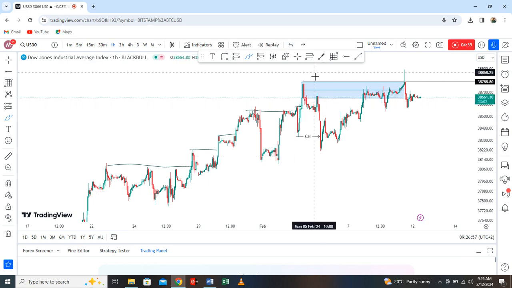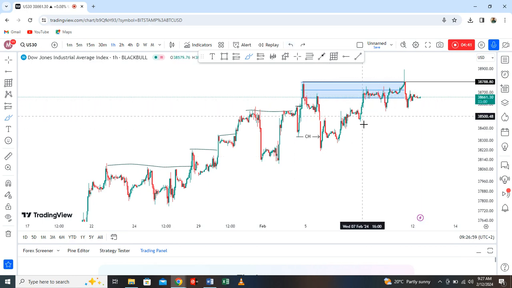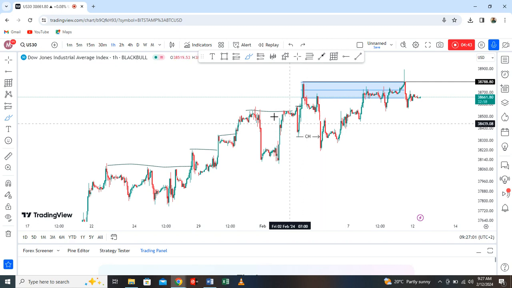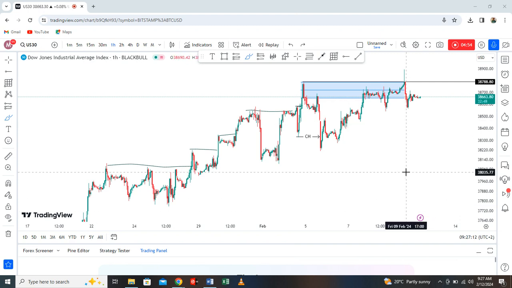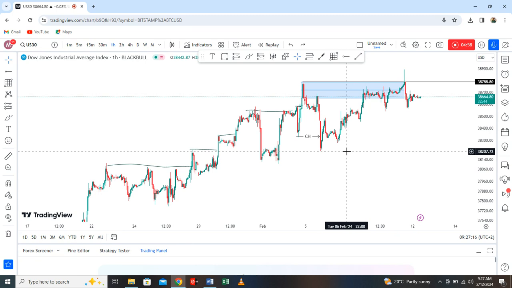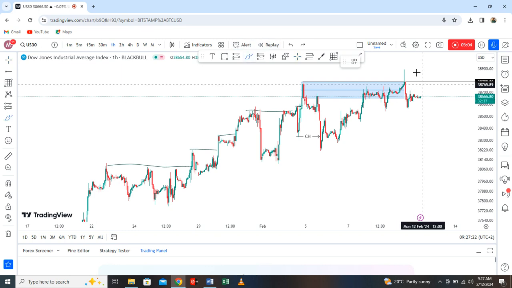Since I realized that I have an order block here and a change of character here, I know that it has been mitigated and then I should look for an entry. So it's wise for me to look for a sell position after the price did something like this, which is called mass psychology.